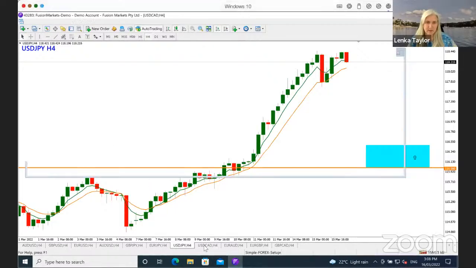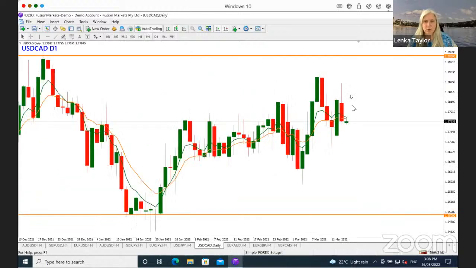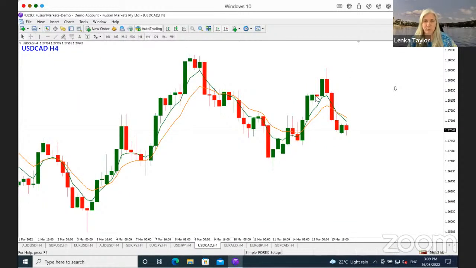Next currency pair I'm looking at is USD CAD. USD CAD, I'm looking at short. We are still going in the range. We are not quite at the top of the range. So I would prefer the price action to be high to be able to take it short, because at the moment it could go either way.